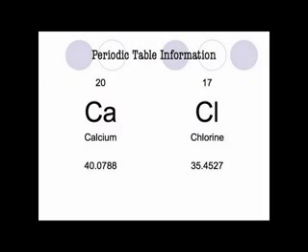When we talk about 1 mole of calcium atoms, which is 6.02 times 10 to the 23rd calcium atoms, the mass would be 40.0788 grams, and the mass of 1 mole of chlorine would be 35.4527 grams. The unit we apply to the average atomic mass depends on whether we're talking about an individual atom or a mole of atoms.